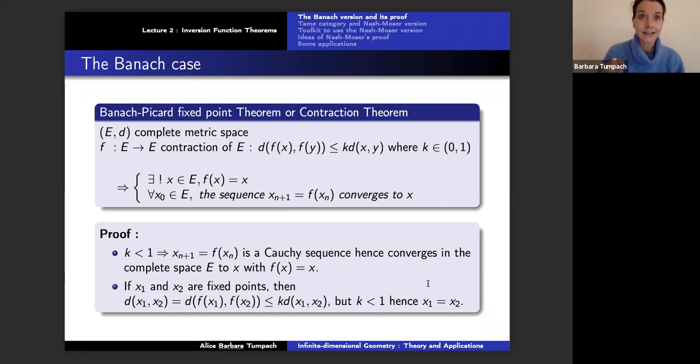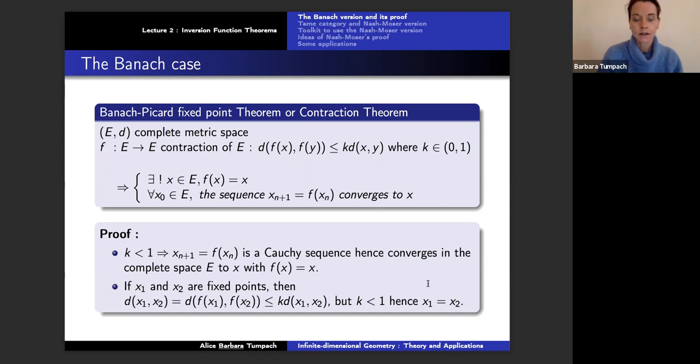And if this is the case, then there is a unique fixed point of this map. The construction of this fixed point is the following. We use a sequence given by x sub n plus 1 equal to the image of x sub n, and this sequence converges to the fixed point. The proof is very easy.